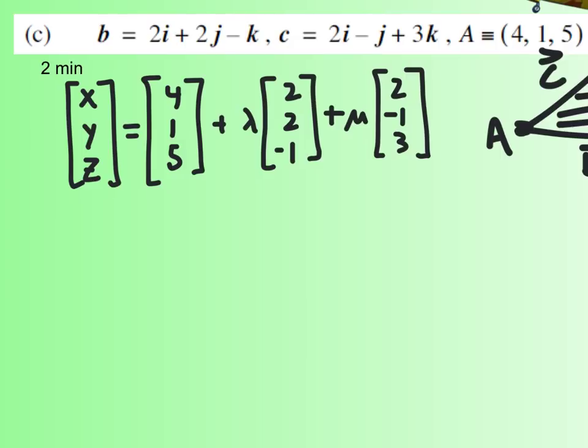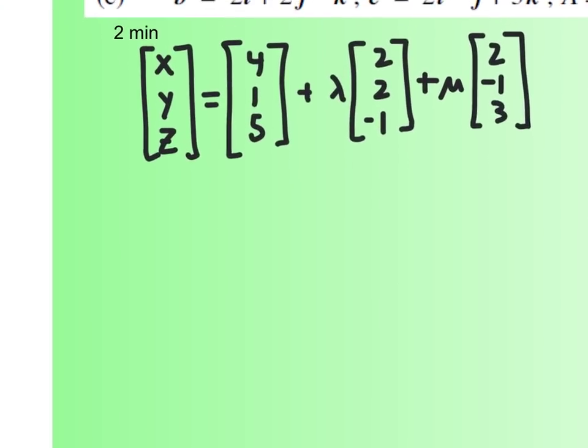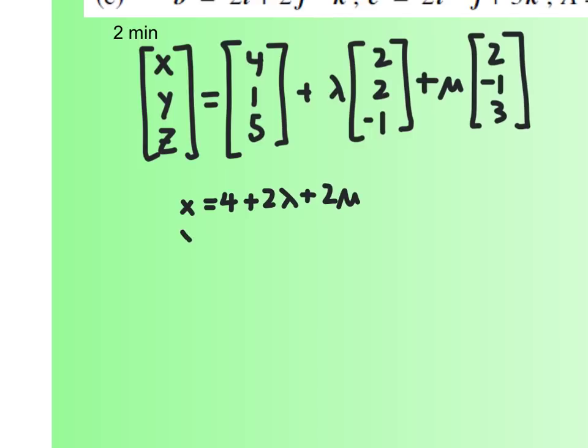Now, coming up with Cartesian form, we're going to have to do a little work by putting this into parametric form and then going from there. So I get x equals 4 plus 2 lambda plus 2 mu. I get y equals 1 plus 2 lambda minus mu.